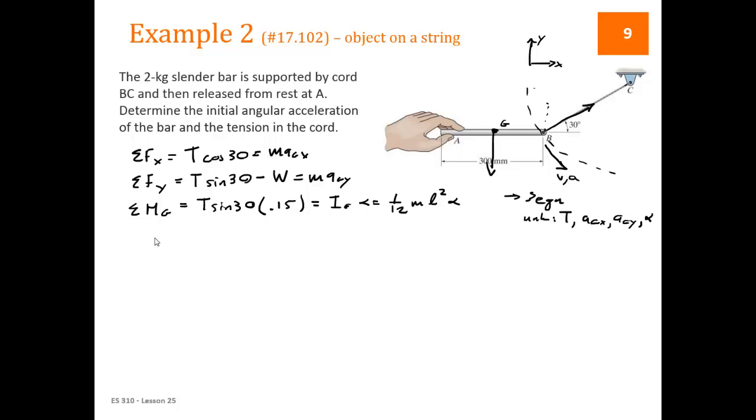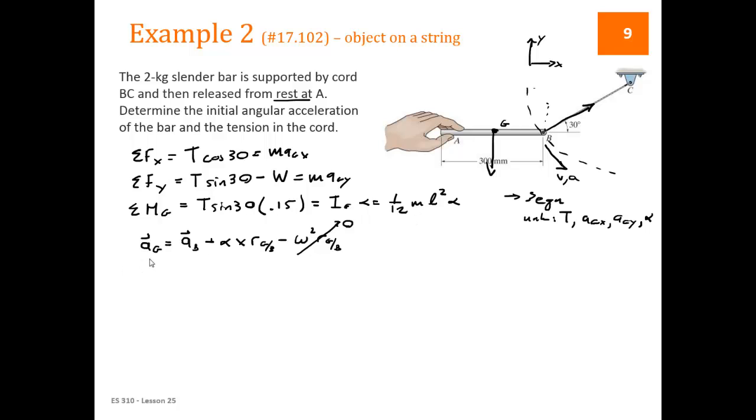The acceleration of G is equal to the acceleration of B plus alpha crossed with r of GB minus omega squared r of GB. Now, this is initially released from rest. If it's released from rest, the angular velocity of our body is going to be 0, so this term is 0, and we're left with this expression.